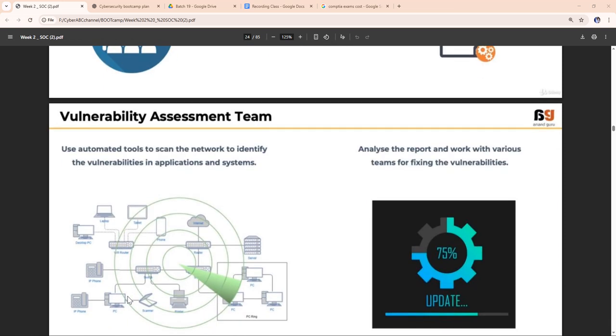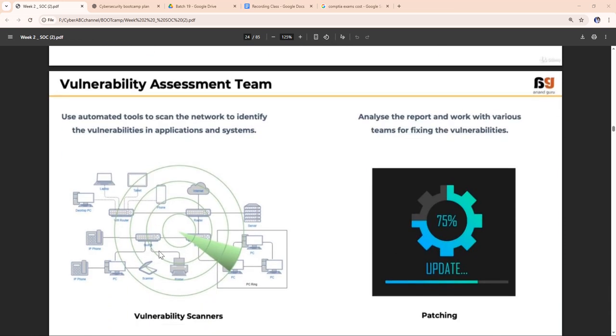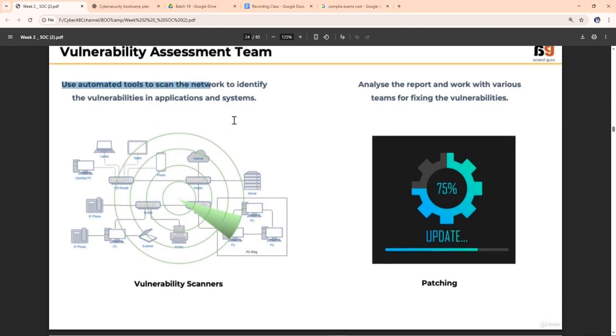Okay, so we also have the vulnerability assessment team. These guys use automated tools to scan the network to identify the vulnerabilities in applications and systems. For those who are looking at being on the defense or the attacking side of the industry, some of these projects are very easy to do.